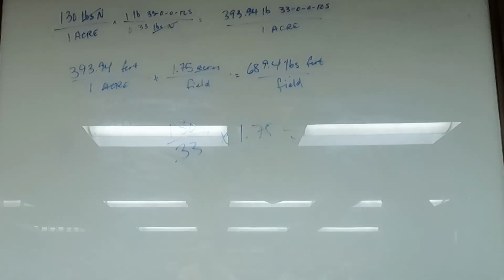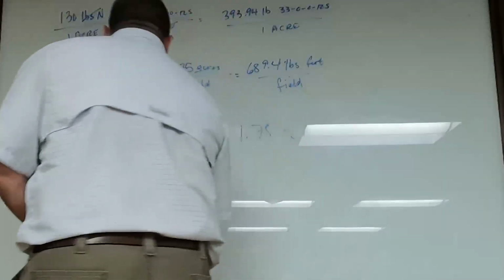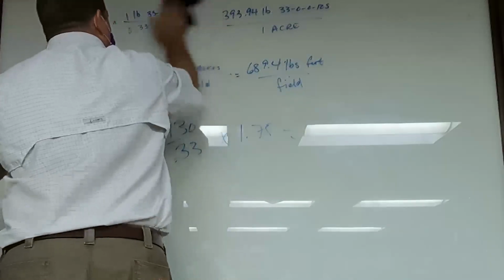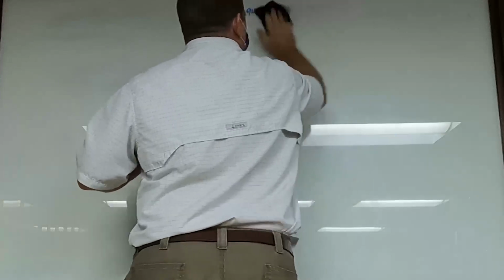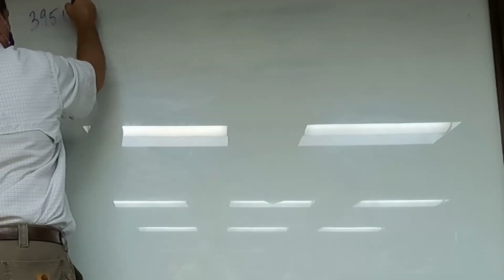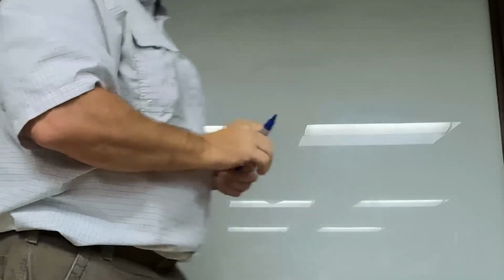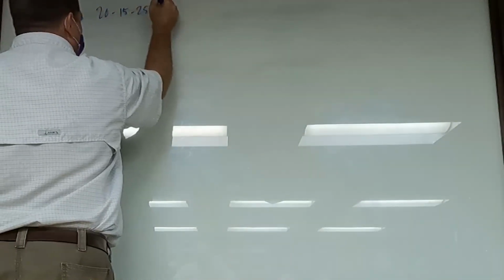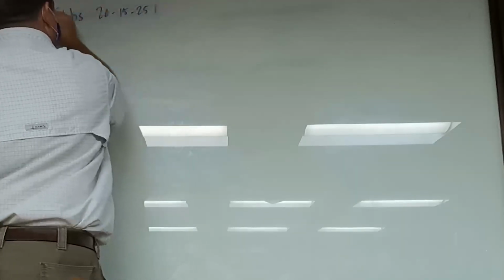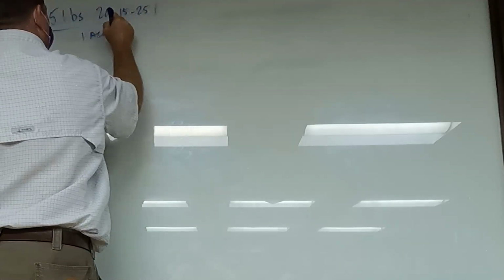All right. So now it looked like number 6 was giving everyone a little head scratching, which is just going to be the opposite of what we just did. We applied 395 pounds of 20-15-25 for 1 acre.